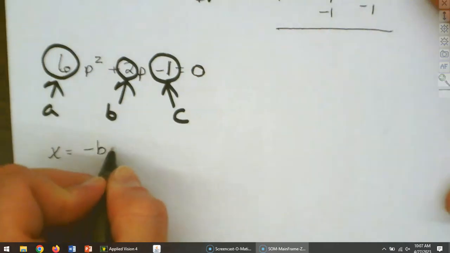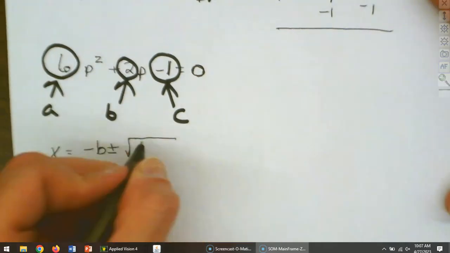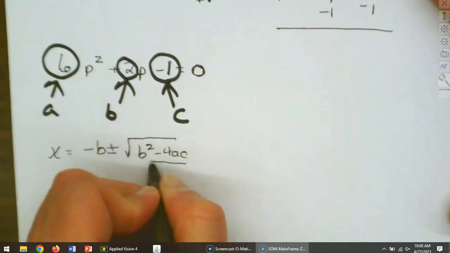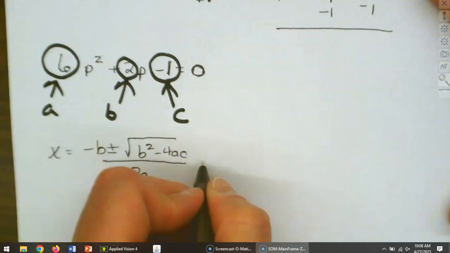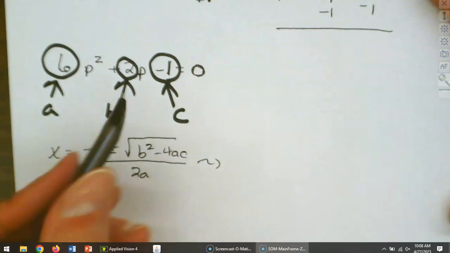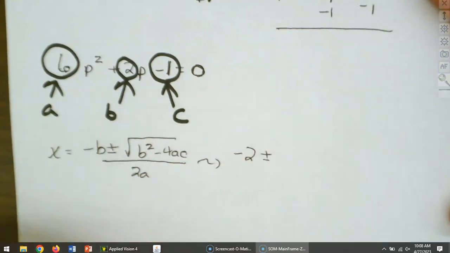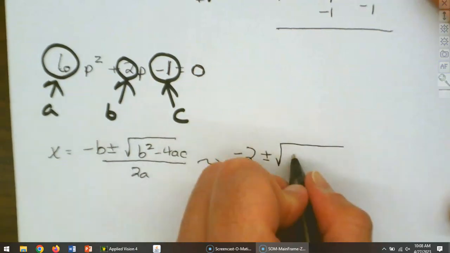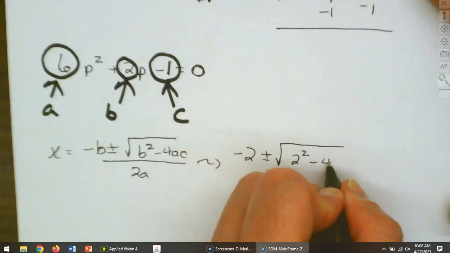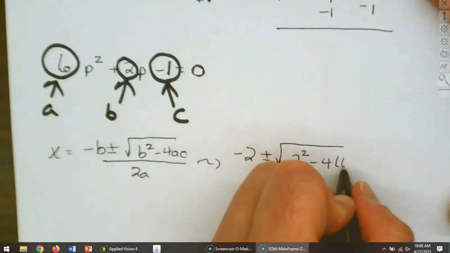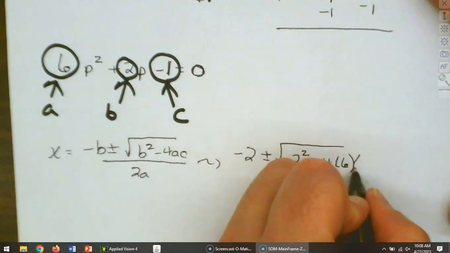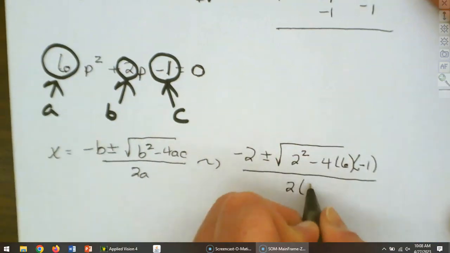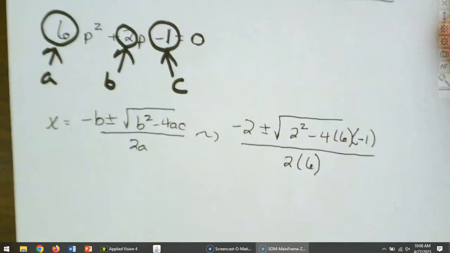X equals minus b plus or minus the square root of b squared minus 4ac all over 2a, which is then minus 2 plus or minus the square root of 2 squared minus 4 times the 6 times the negative 1 all over 2 times the 6 there. All right?